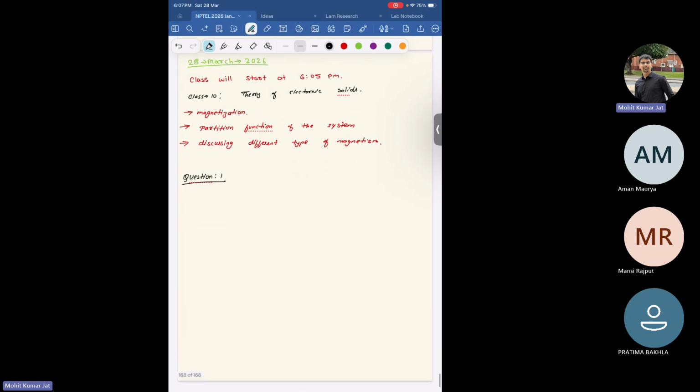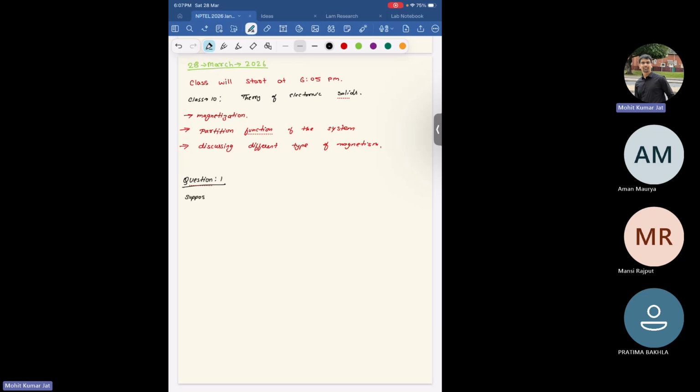So the question goes like, suppose you have a 1D ferromagnet with J greater than 0, and the Ising Hamiltonian, so the Ising Hamiltonian is nothing but the summation over sigma i sigma j for a 3-spin system, a system in which it can have 3 different spins, sigma 1, sigma 2 and sigma 3, that's what you can think, with periodic boundary condition.